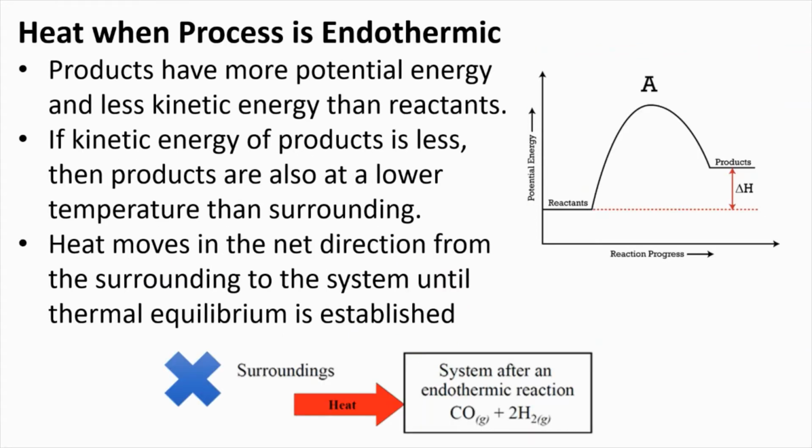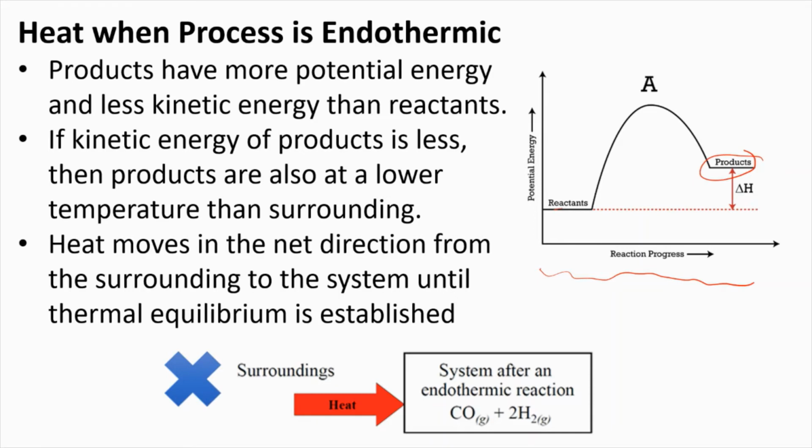So let's look at an endothermic process, and we do have this graph that we've seen a bunch of times. All right, our reaction coordinate graph over here in terms of the potential energy. So in this case, my products have more potential energy than my reactants, okay? So their potential energy is higher.